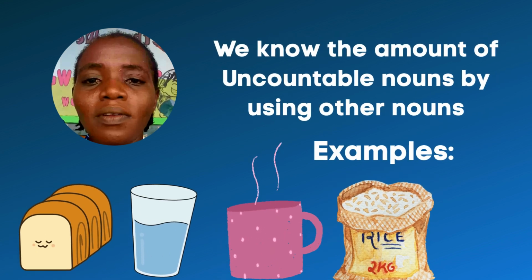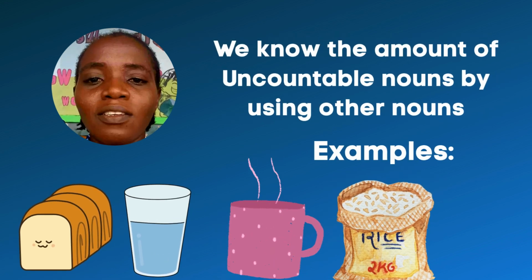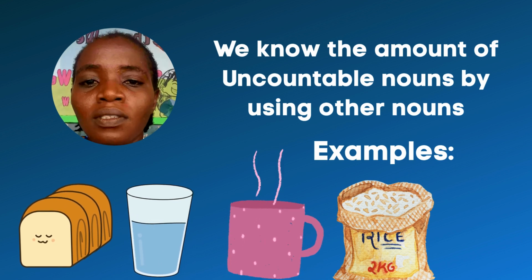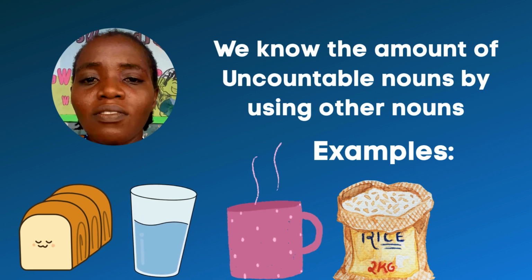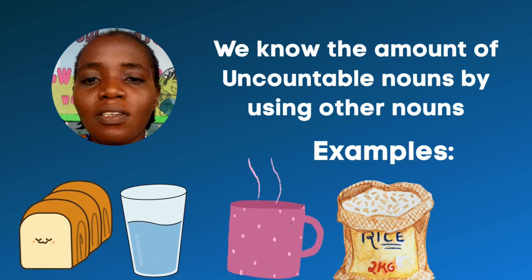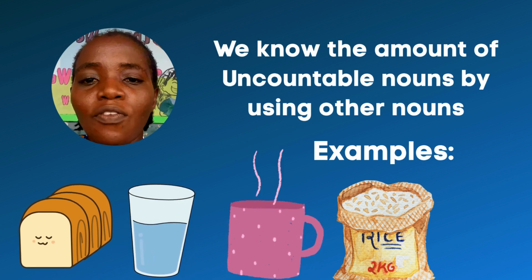Since uncountable nouns are said to be things that cannot be counted, how then do we know the amount of uncountable nouns? We know the amount of uncountable nouns by making use of other nouns. We use other nouns to determine the amount of uncountable nouns.